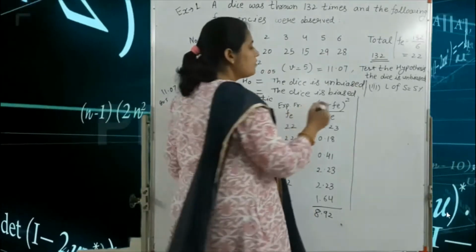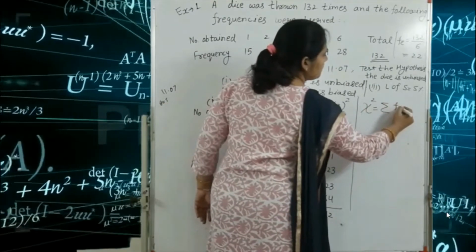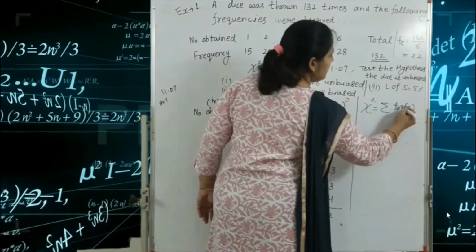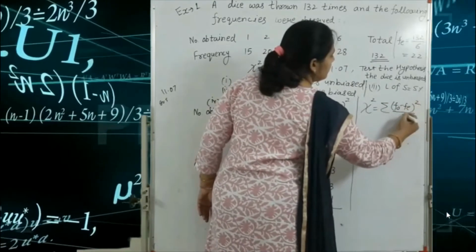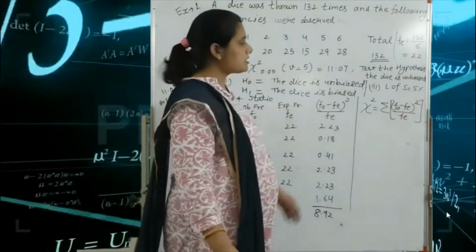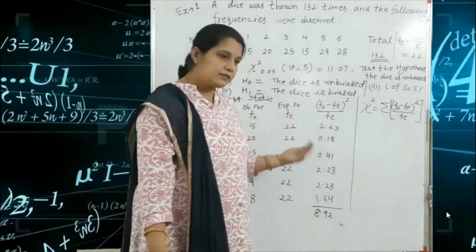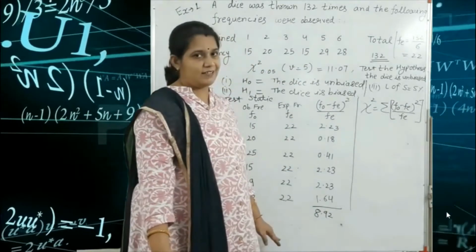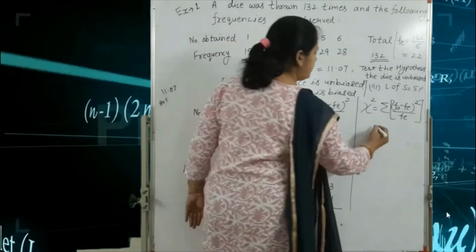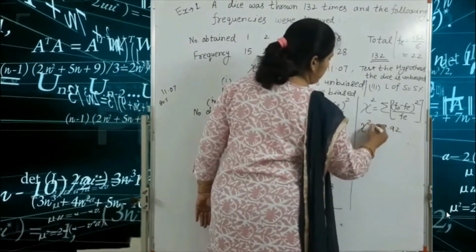That means chi-square is equal to summation of (Fo minus Fe) whole square divided by Fe. You write the bracket here so that you won't be confused. We find the square of both values, and after that the sum of all these six values. So here we get the chi-square value of 8.92.